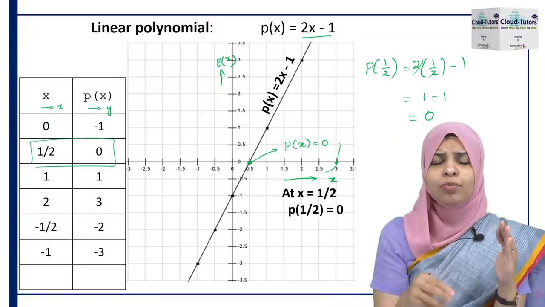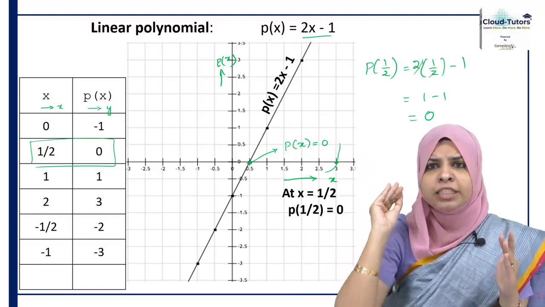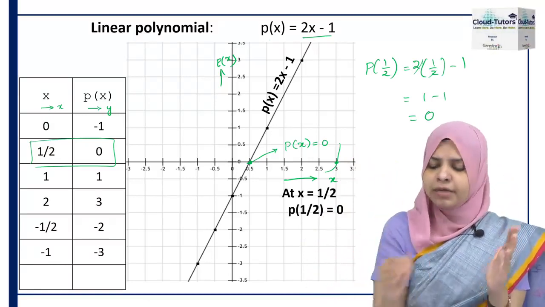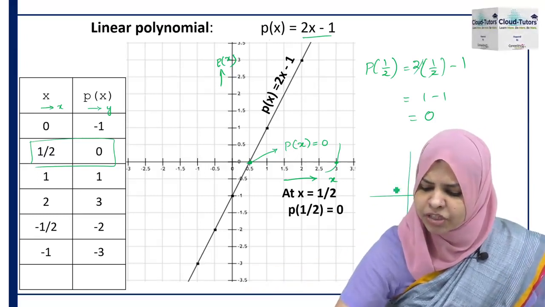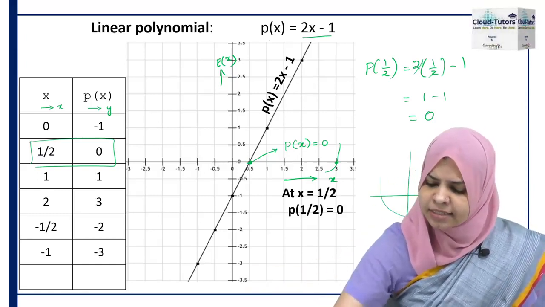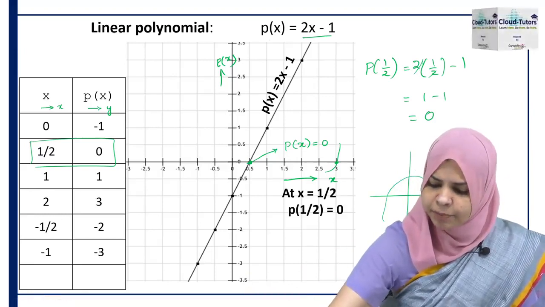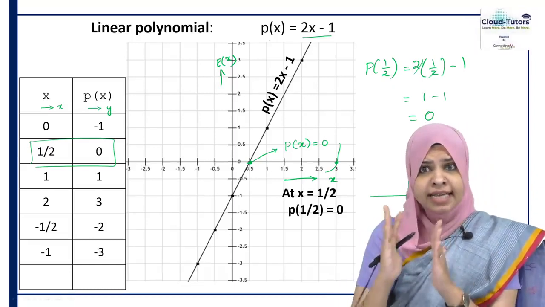Why is it called a parabola? Because it is U-shaped. Therefore it is called a parabola, and it may cut at 2 points. Just for your information, it may cut like this. This is one way, the other way is like this, and the other way. In both the examples, they were cutting the x-axis.